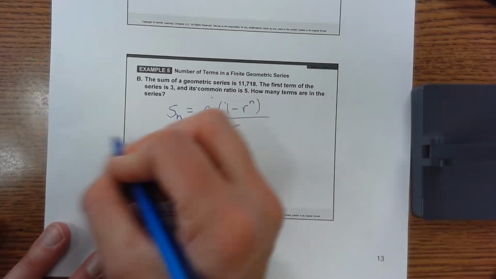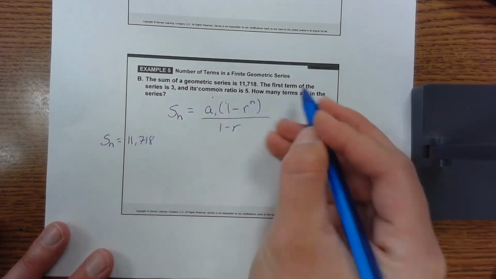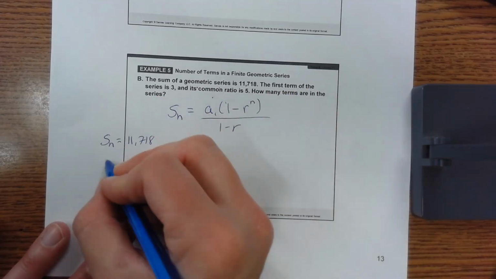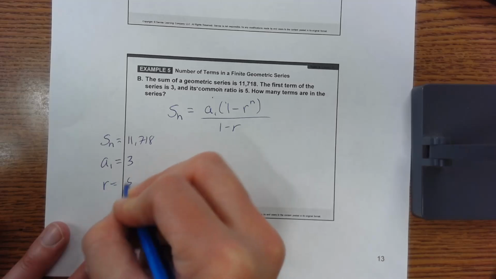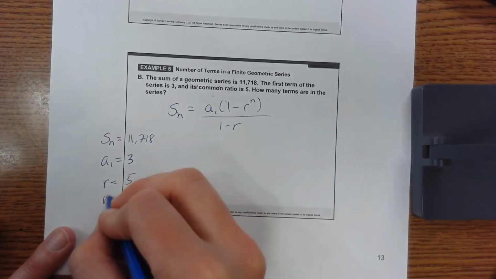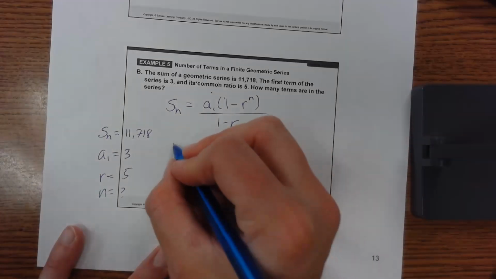We know the sum. We know that the first term, so a sub 1 is 3. We know the common ratio is 5. We are looking for n. So let's plug in what we know.